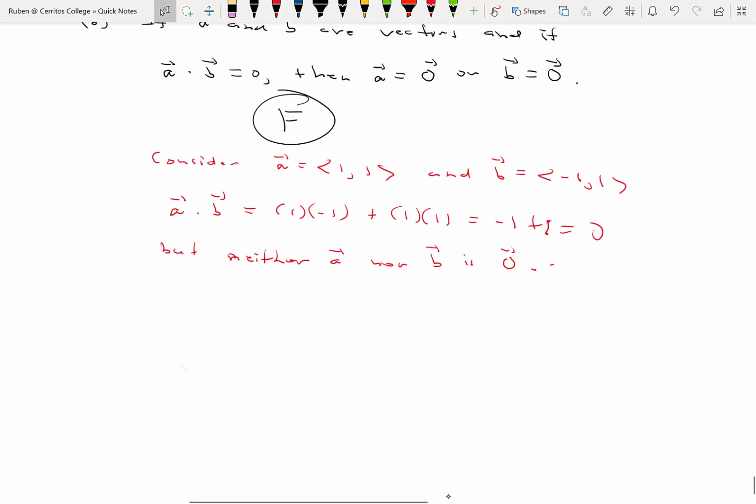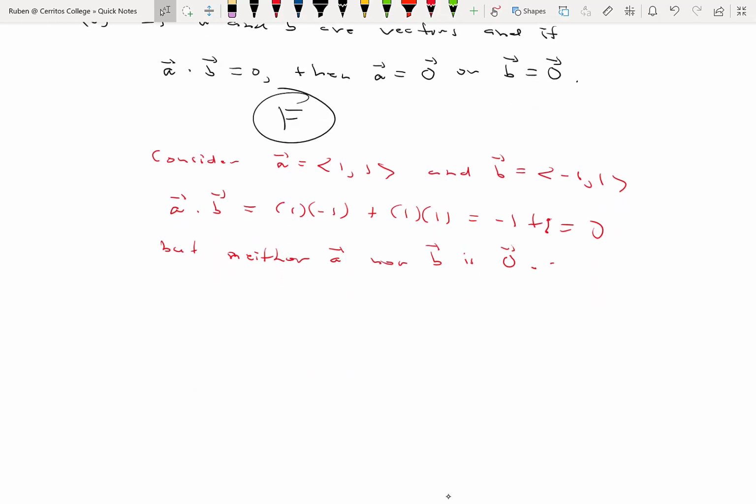Now there is something geometrical that's happening here that we want to look at. I want us to look at the vectors A and B that I have considered here. Here's the vector A whose components are 1 and 1, drawn as a position vector. Now here's the vector B, drawn as a position vector.